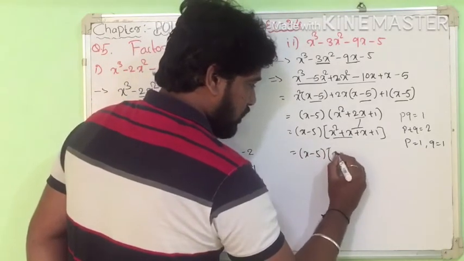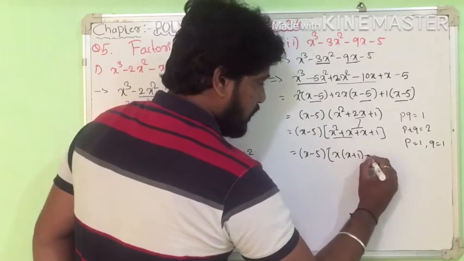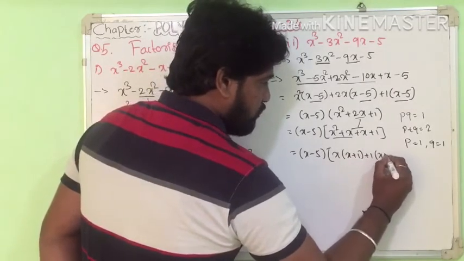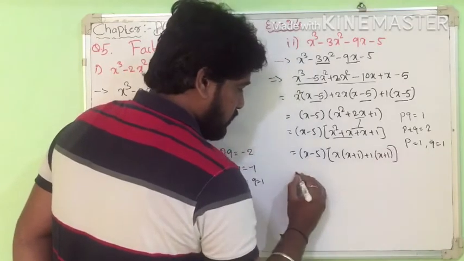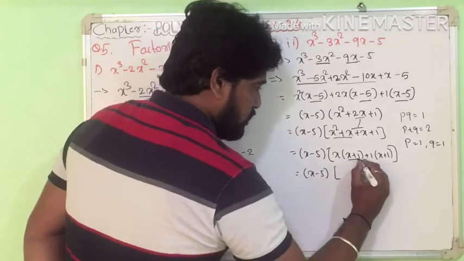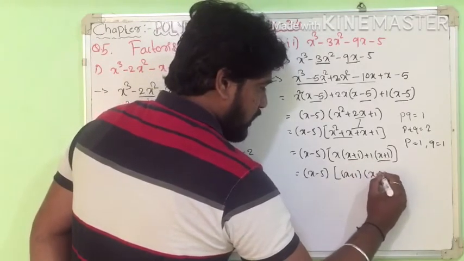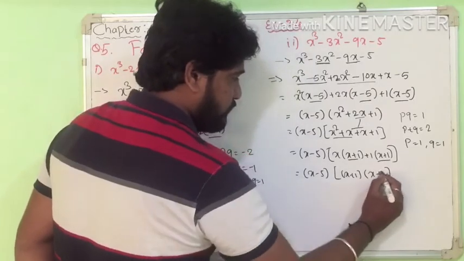Right, next x minus 5 as it is in a bracket. In these two take common x, so x plus 1, and here we take one common, x plus 1, right? So x minus 5 as it is. So in this term x plus 1 is a common, and remaining x plus 1.